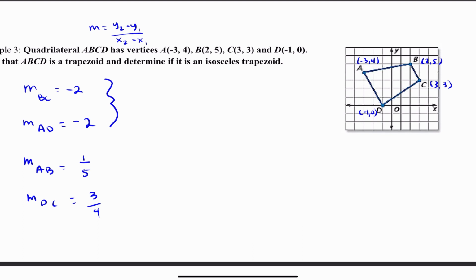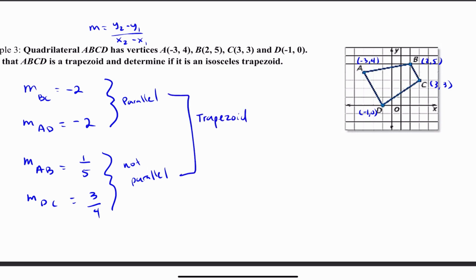These two slopes are parallel, and these two slopes here are not parallel. So the conclusion I can make is that it is a trapezoid. But the question here is, is it an isosceles trapezoid? So yes, I proved that this is a trapezoid, but is it isosceles, meaning that those two sides are congruent?